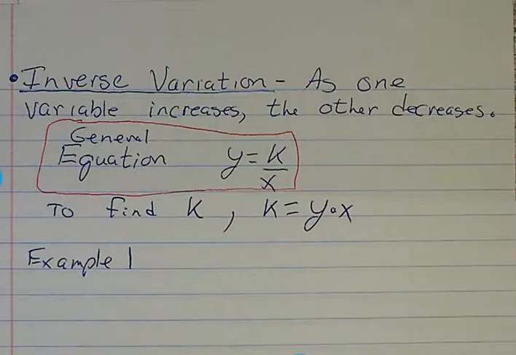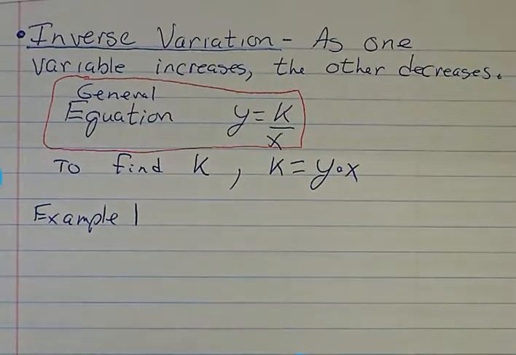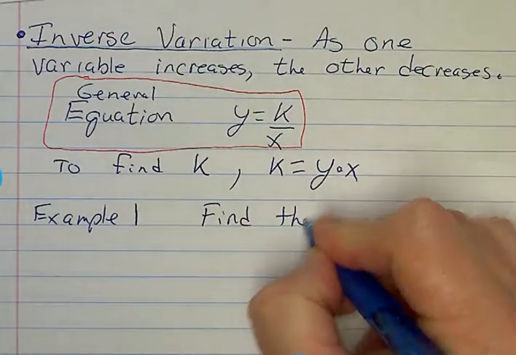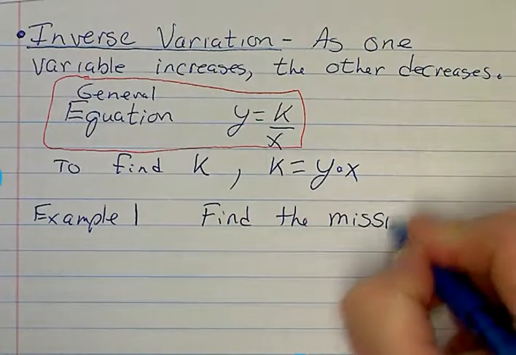All right, so let's give you an inverse variation problem to look at. And we'll do this one a little bit different, just so that you can see all the different types that we'll have to throw at you.